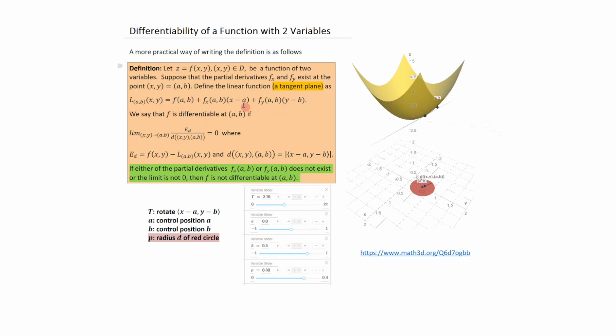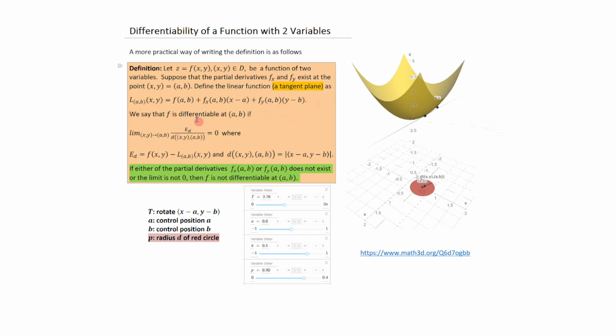But now there are two derivative terms: one is the partial of f with respect to x, evaluated at a, b, and one is the partial of f with respect to y, evaluated at a, b. This is along the x direction, and this is along the y direction. So this is, in fact, the equation of the tangent plane, assuming that these partial derivatives exist.